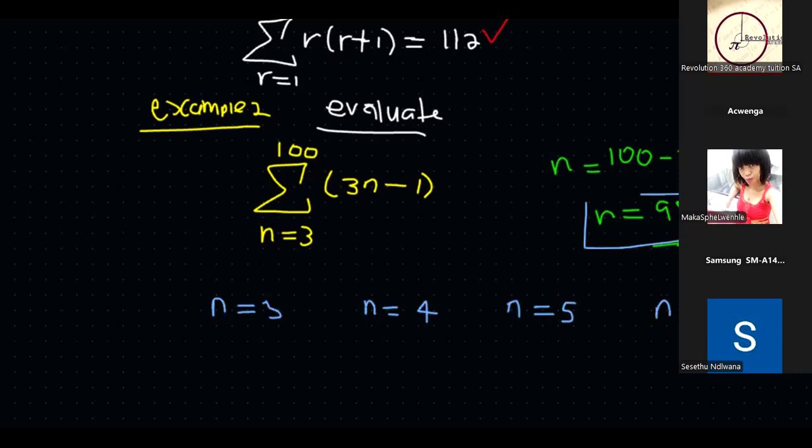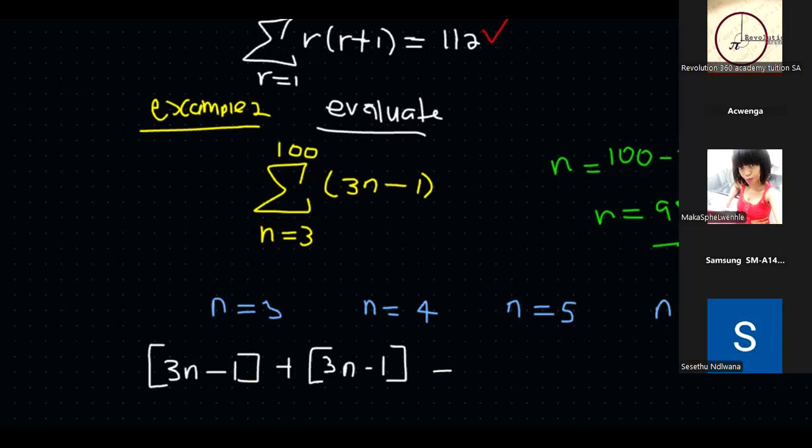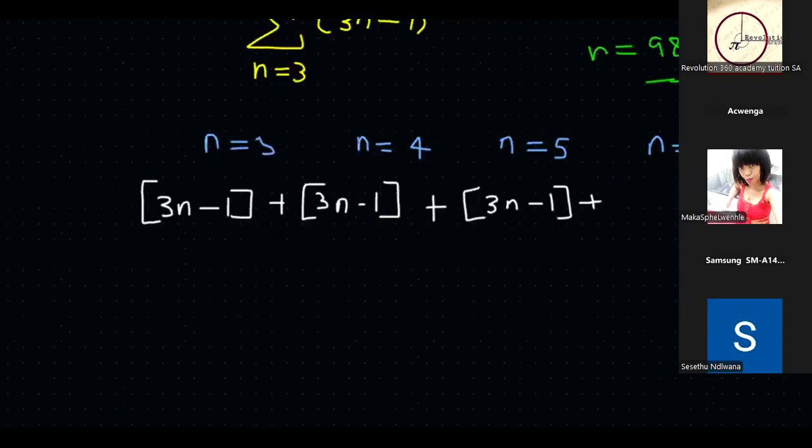Now you're developing a series. Remember, when you develop a series, it will be brace 3 into 3n minus 1, plus brace 3n minus 1, plus brace 3n minus 1, plus brace 3n minus 1.